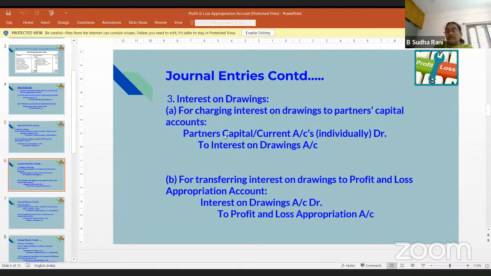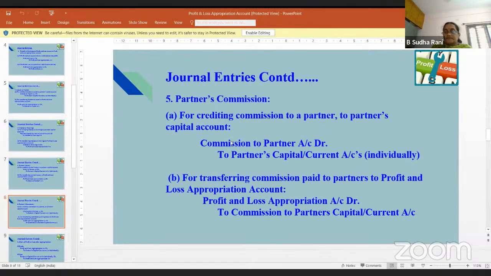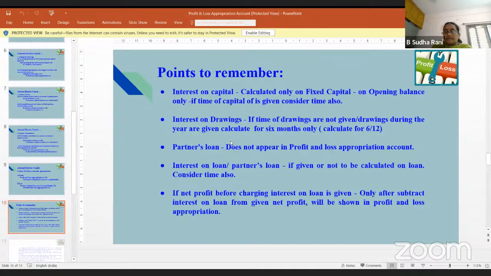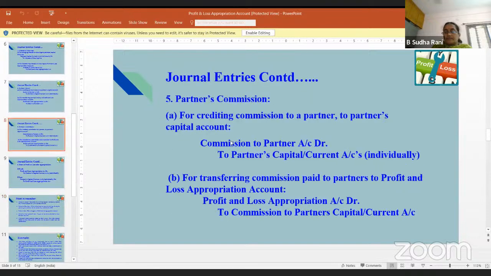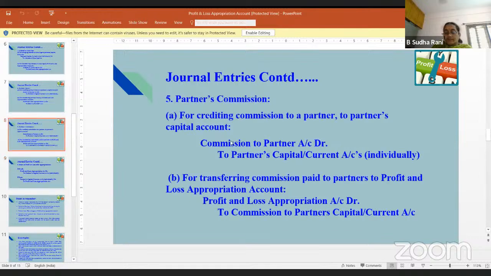The next one, interest on drawings, is on the credit side, so it is appearing on the debit side. Okay. Got it?